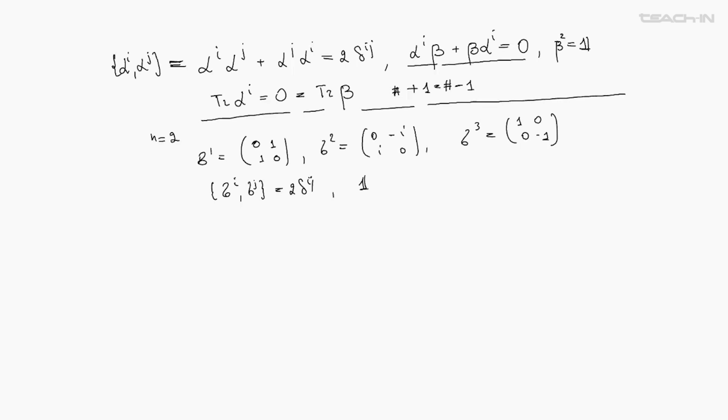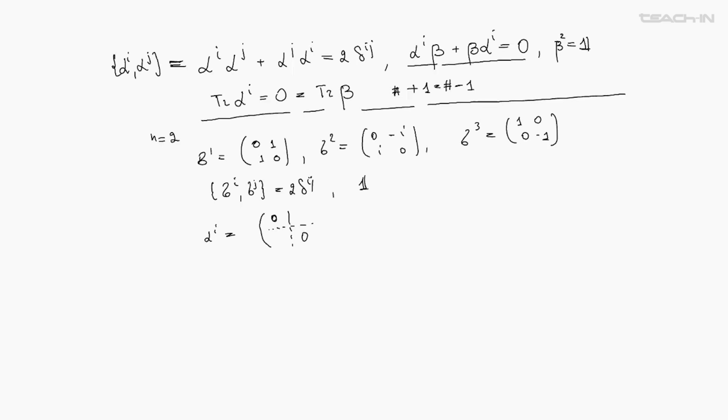So concretely, you can take the following construction. You can take alpha i's to be 4 by 4 matrices, which I will write in terms of blocks as follows. Here I will write a 2 by 2 block, which contains only zeros, another 2 by 2 block, which contains only zeros. And here I put Pauli matrix sigma i and another Pauli matrix sigma i.